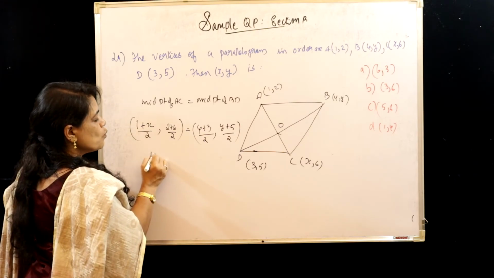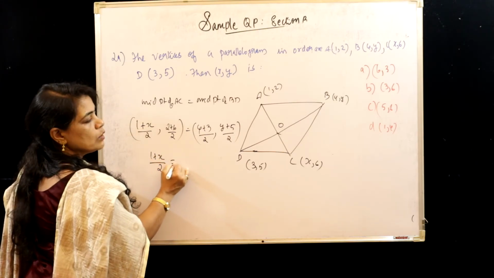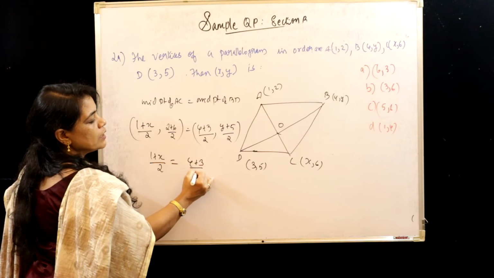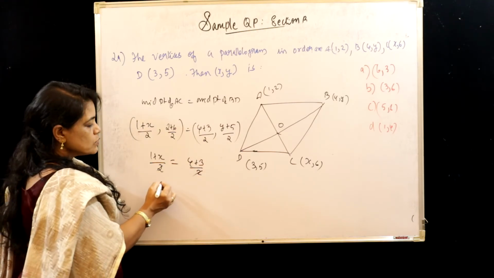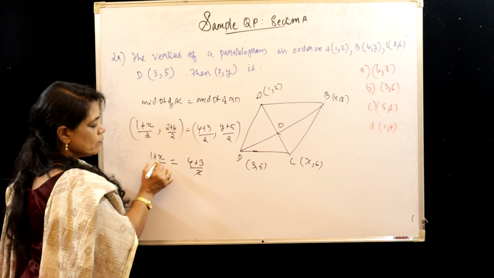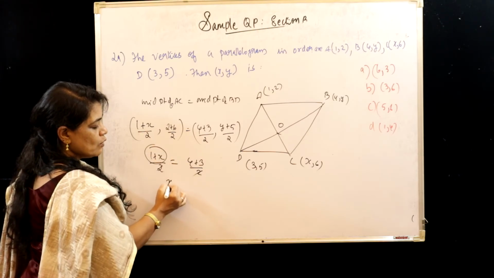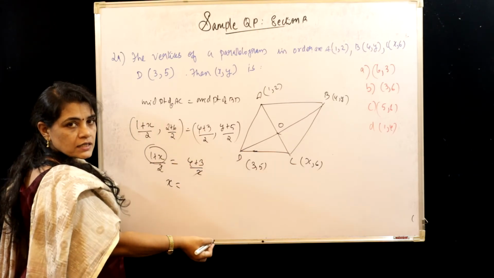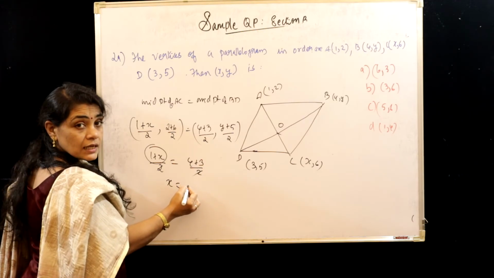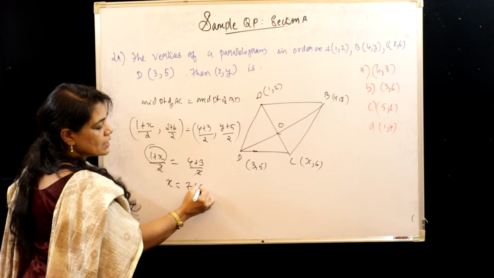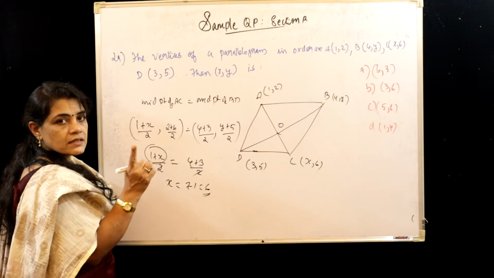From this, (1 plus x) by 2 equals (4 plus 3) by 2. The 2 gets cancelled, so 1 plus x equals 7. Taking x alone, 7 minus 1 is 6, so x is equal to 6.